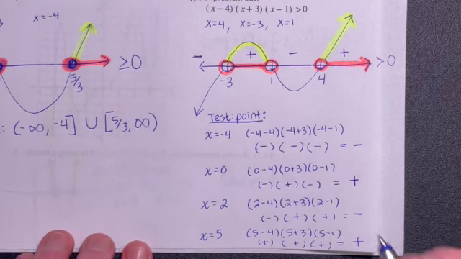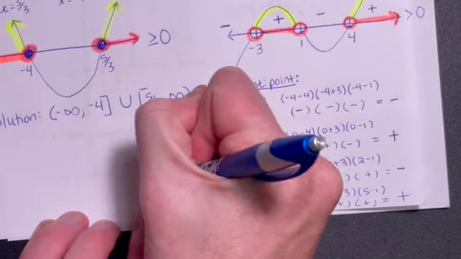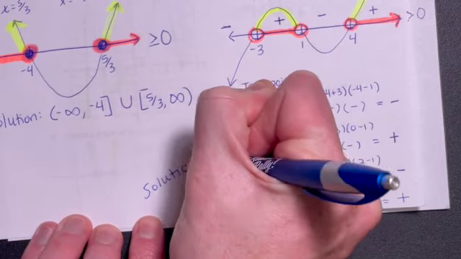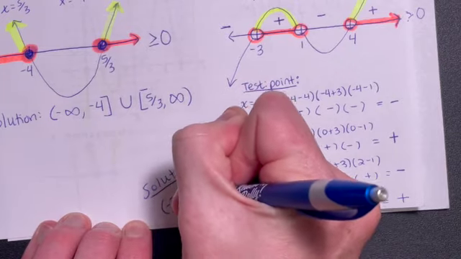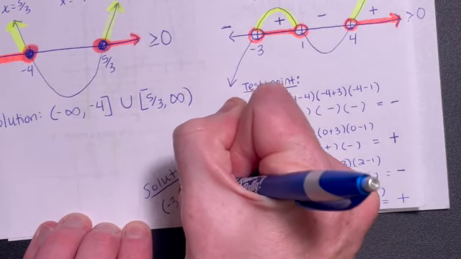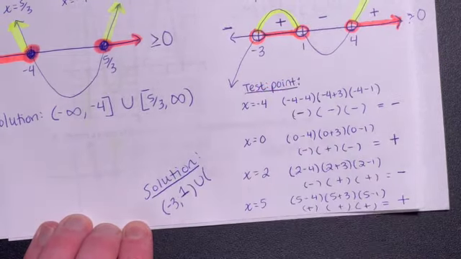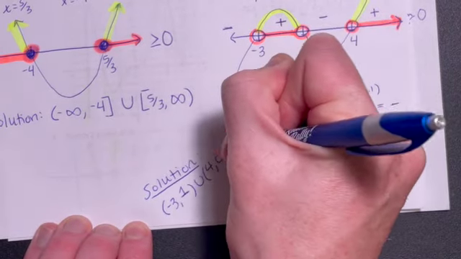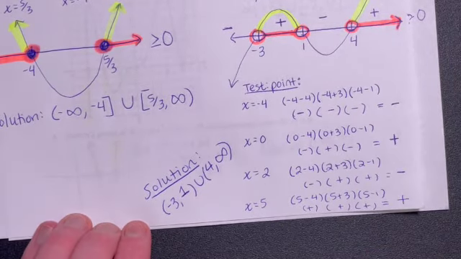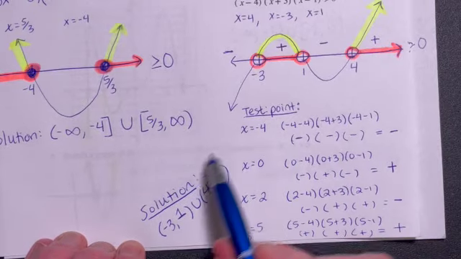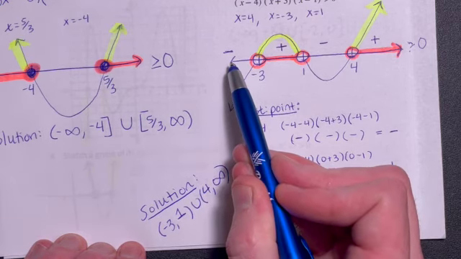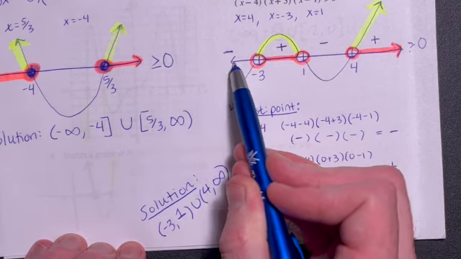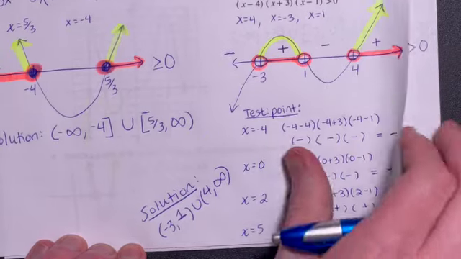So our solution, which I don't have room to write over here, but I'll write it underneath, would be the values between -3 and +1, union 4 to infinity. This method using these test points is called the sign chart analysis, where we're really only focused on the sign of the function during that interval.